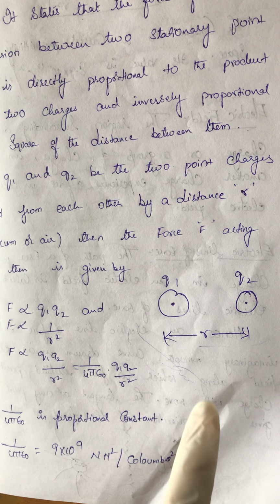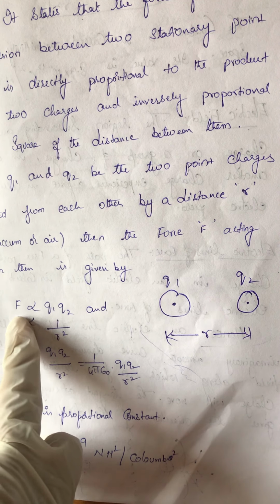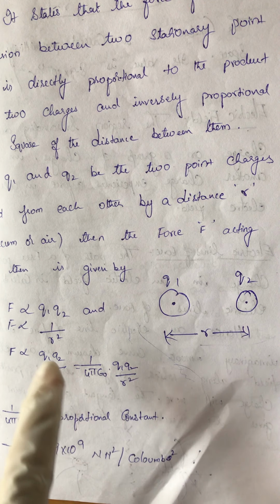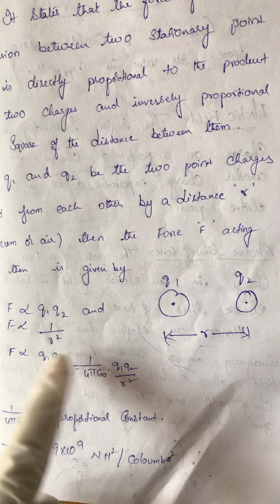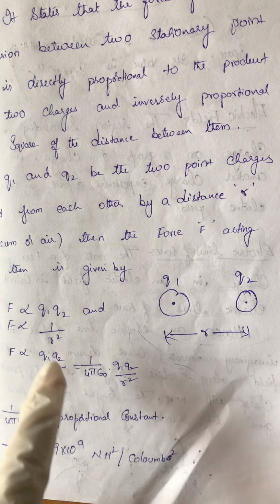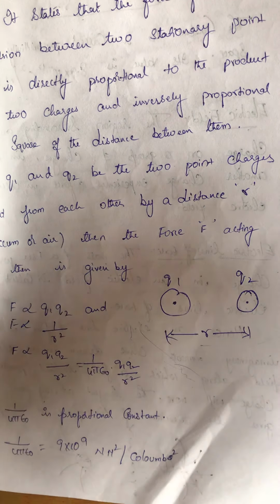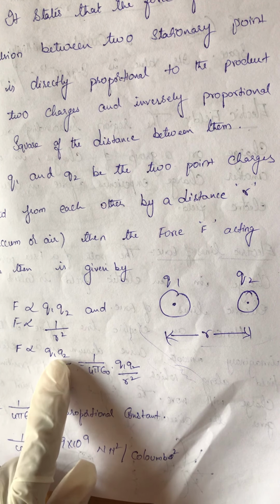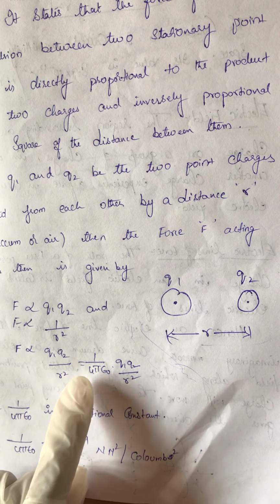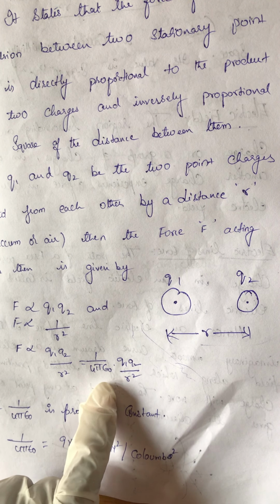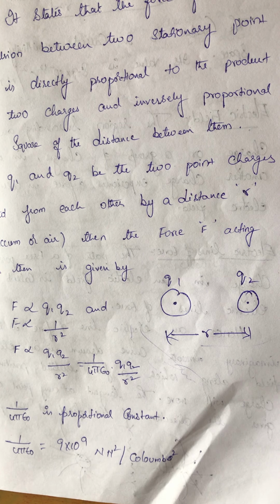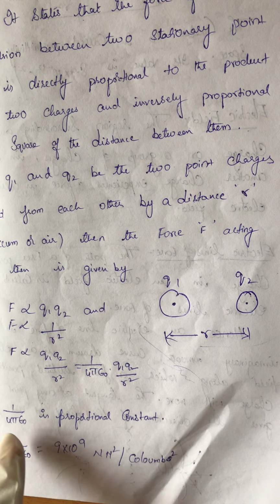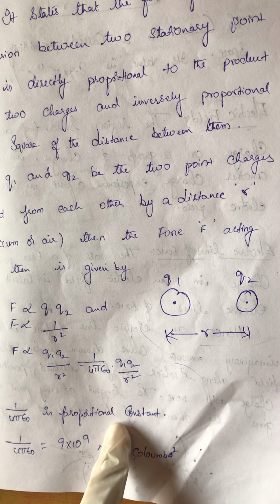Now the force acting on these two charges: F is directly proportional to the product of the two charges, Q1 and Q2, and inversely proportional to the square of the distance between them, so 1 by R square. Combining these, F is proportional to Q1 Q2 by R square, which we can write as 1 by 4 pi epsilon naught into Q1 Q2 by R square, where 1 by 4 pi epsilon naught is the proportionality constant.